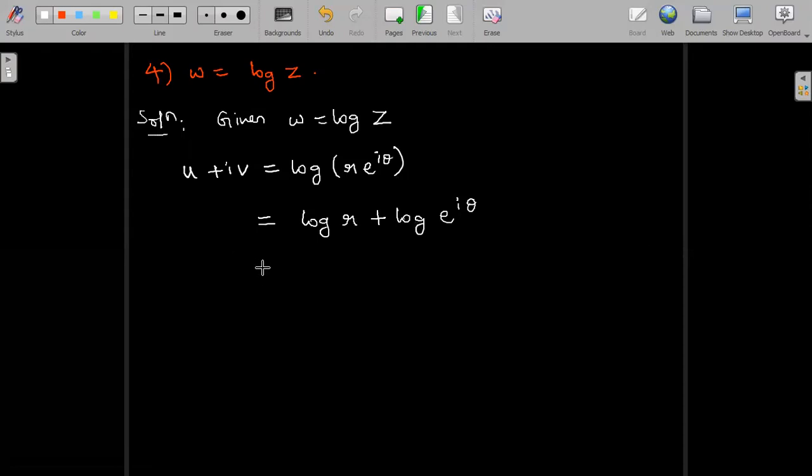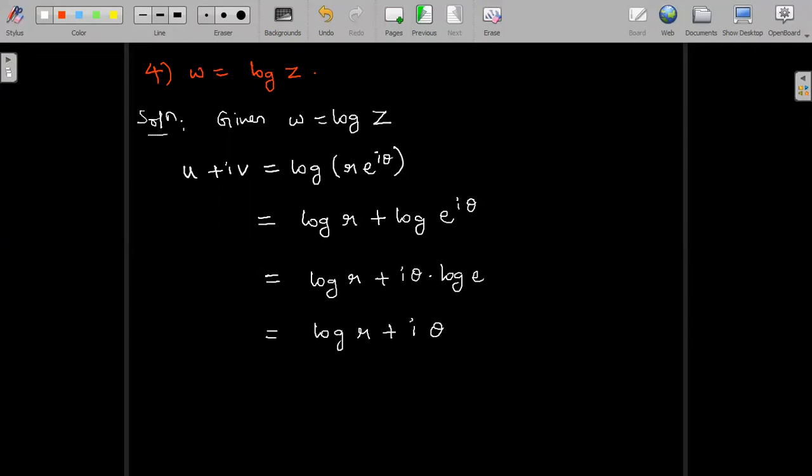So log m power n can be written as n log m. So this is log r plus i theta into log e. And we recall the log e value is equal to 1. So this is log r plus i into theta, since log e value is equal to 1.